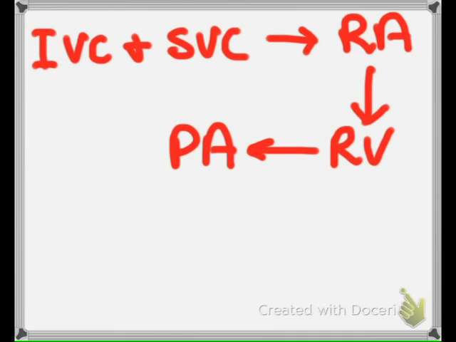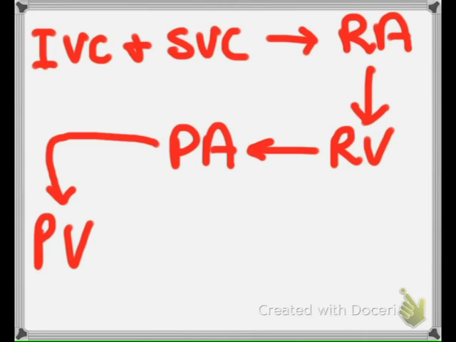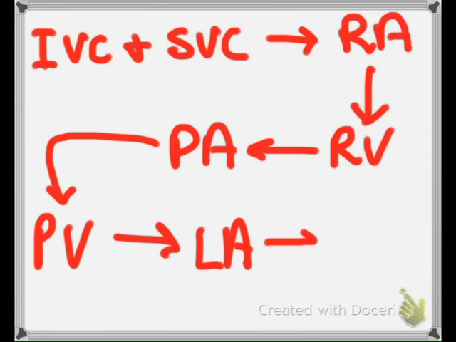From the pulmonary arteries, blood flows out through all of the lobar branches and subsegmentals, gains oxygen, and oxygen is put back into the blood. The pulmonary veins carry oxygenated blood back to the left atrium. From the left atrium, blood flows into the left ventricle and then gets pushed out through the aorta.